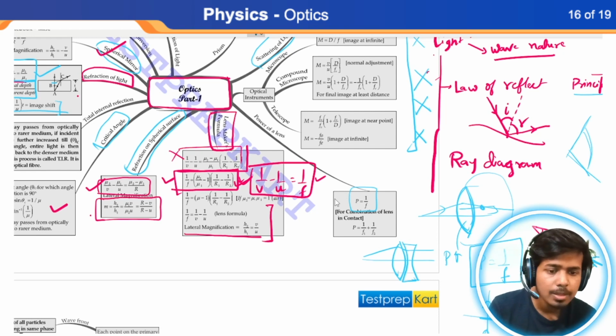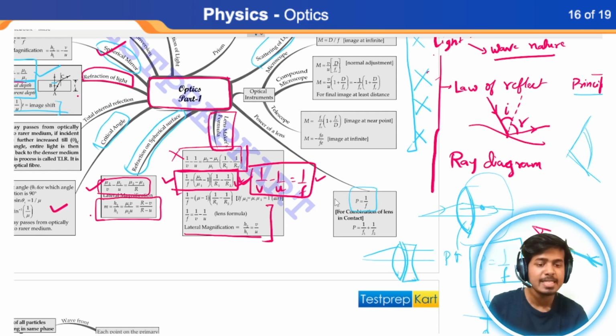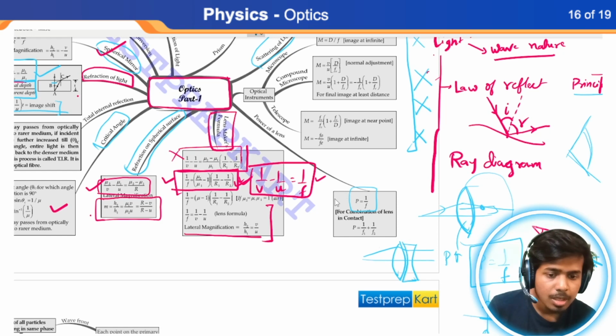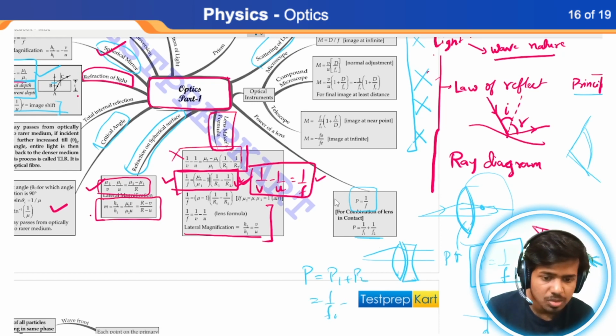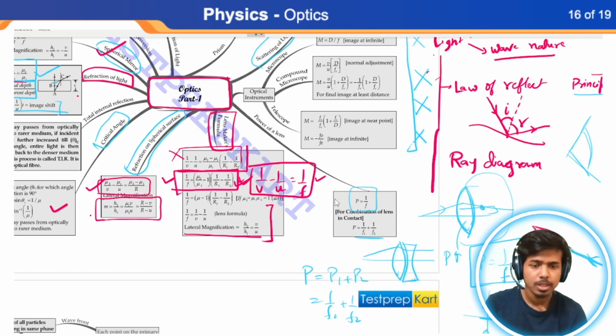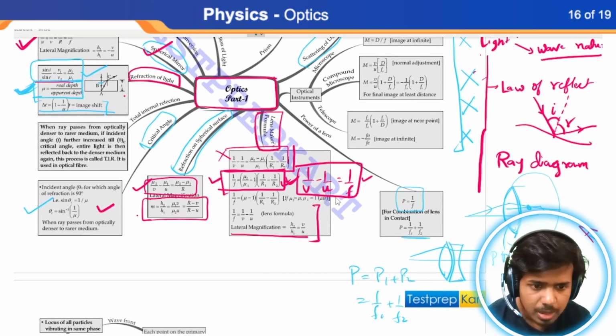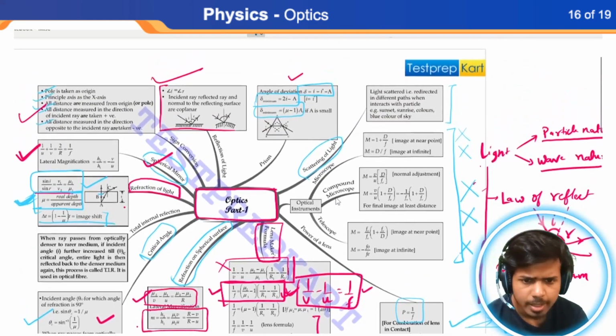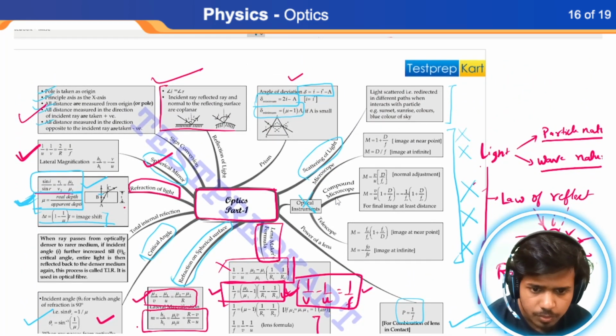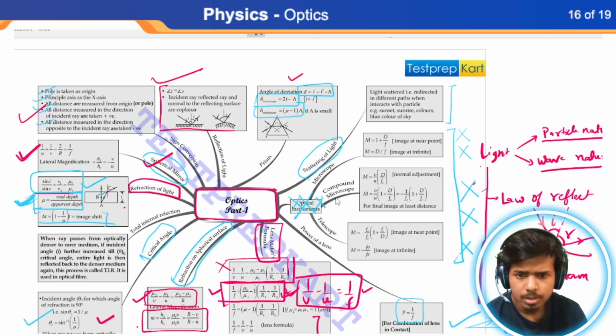So the net effect of these two lenses could be combined in the focal length or the powers. Power is going to add up. P is equal to P1 plus P2, where P1 is equal to simply 1 by F1 plus 1 by F2. Okay, so that is one part, and you do not have to worry about optical instruments.